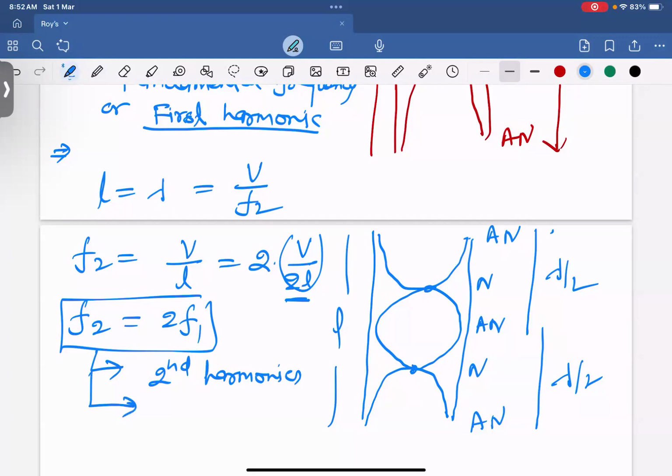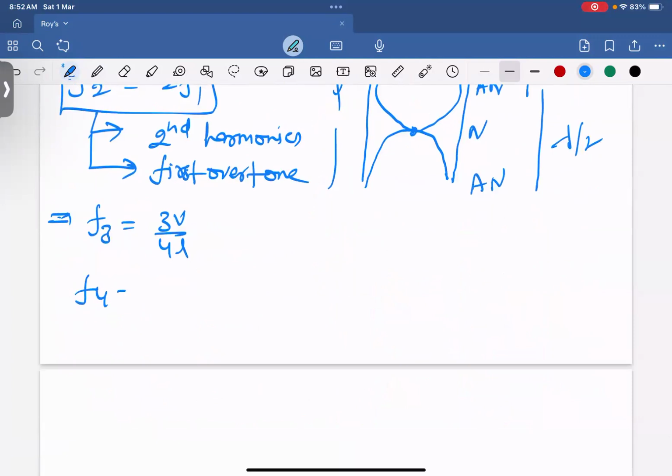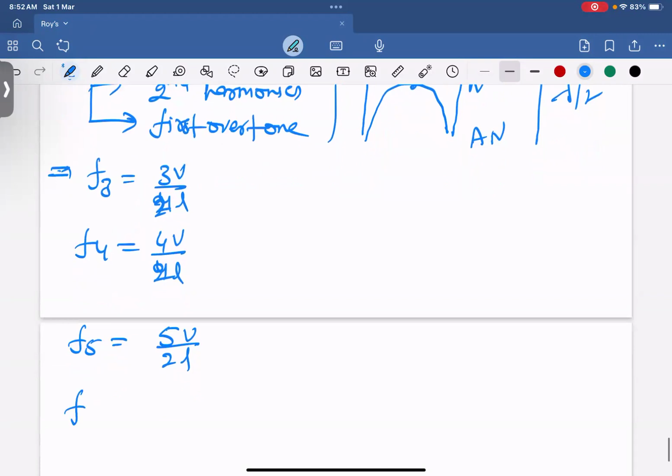Any frequency other than the fundamental is called an overtone, so this is also called the first overtone. Similarly, if you want to find F3, you get 3V by 2L. F4 is 4V by 2L. Similarly, F5 will be 5V by 2L. And if you want to find the nth harmonic, you can use nV by 2L.